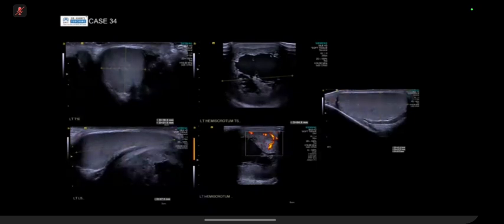Could be a hydrocele, a funicular hydrocele. So it looks quite complex for a hydrocele. You can see, I see what you mean, that there's areas of fluid within it, but all of this region here is solid. So this is the scrotal wall here, and this is all a solid component within this abnormality. And then when color flow is put on the solid component, there is flow within that solid component.